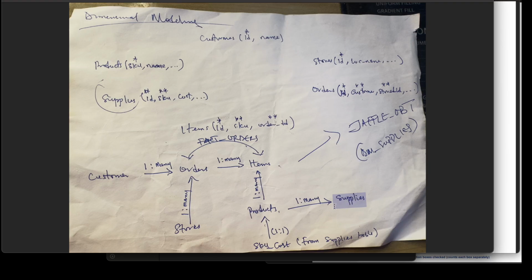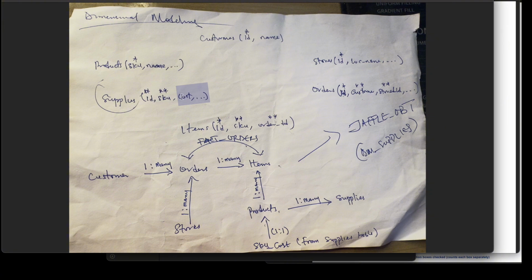However, because we might want to identify the cost of production of those jaffles, I intentionally created what we call SKU cost, because on the supplies table, there is a cost attached to the supplies used to produce a particular product.